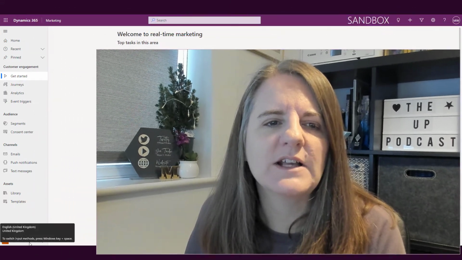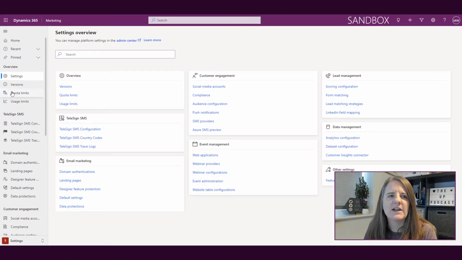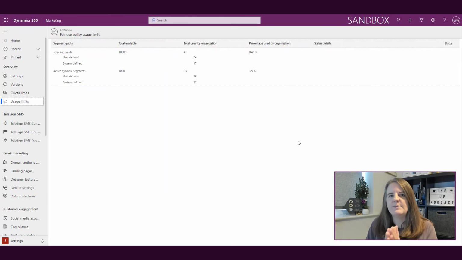All right, so if I go into the settings area, and if I go into the usage limits or the quota limits, we're going to be able to start to look and see. So if I go into the usage limits, first of all, this is what you would be familiar with and that existed prior to real-time marketing.